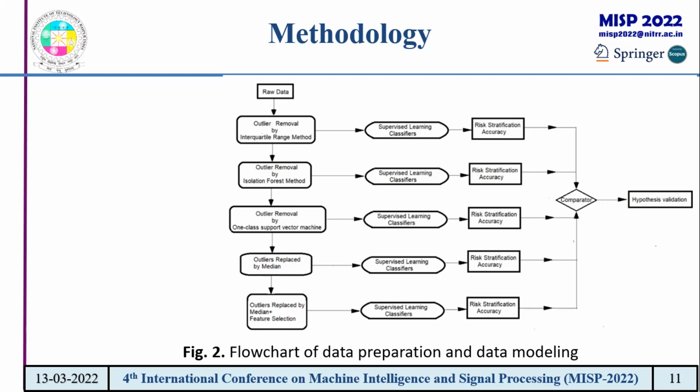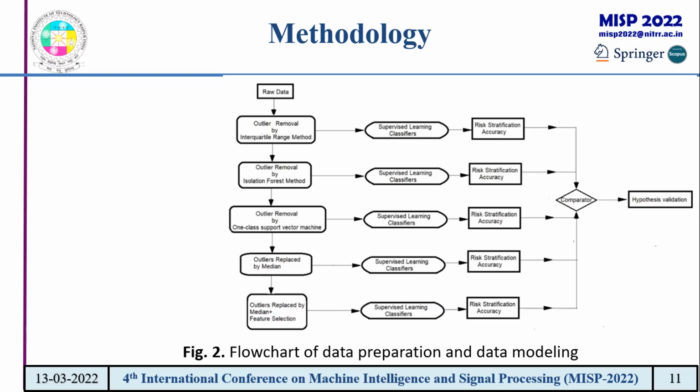For this, we have set nu to be 0.02. Then after removing all the outliers, decision tree, multi-layer perceptron, logistic regression, naive Bayes, and adaptive gradient classifiers have been developed, and their respective accuracy has been noted.